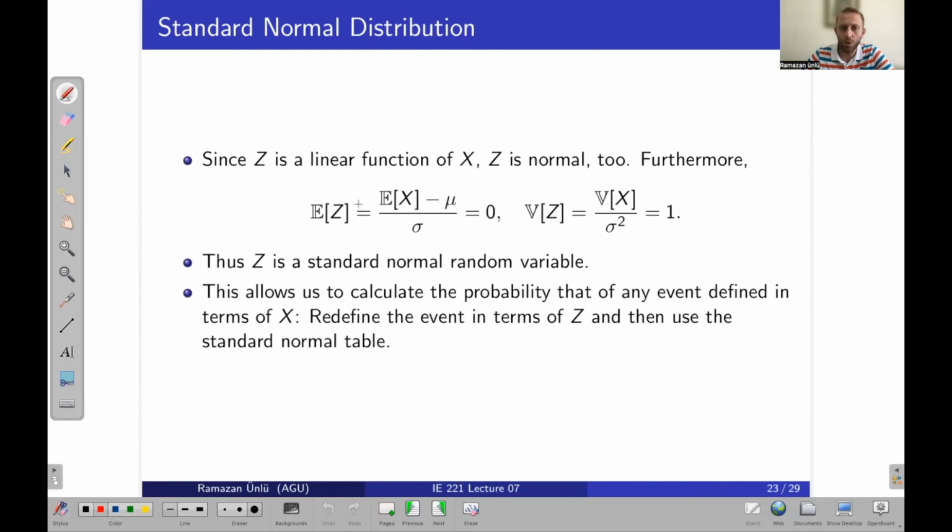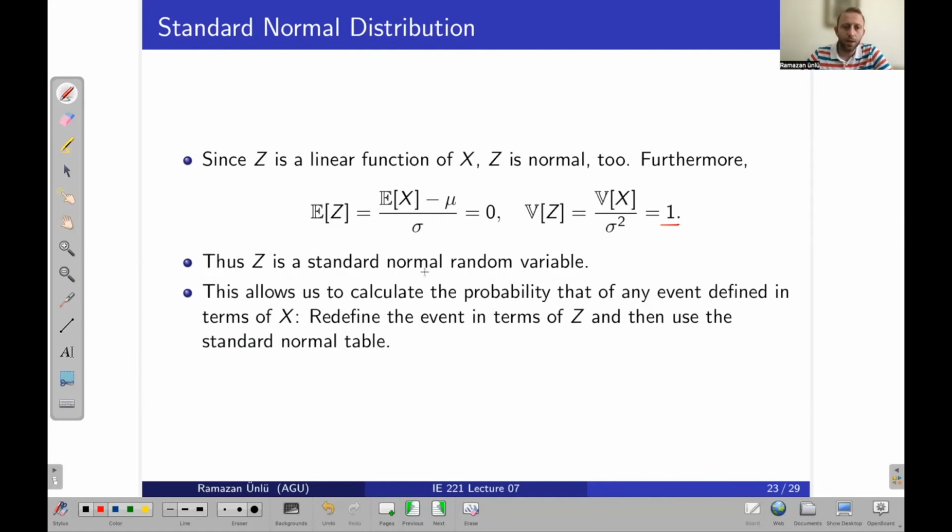Since Z is a linear function of X, Z is normal too. The expected value of Z will be equal to the expected value of X minus mu, divided by sigma, which gives us 0, because we converted X into the standard normal form. The variance of Z will be equal to the variance of X divided by sigma squared, which is equal to 1.